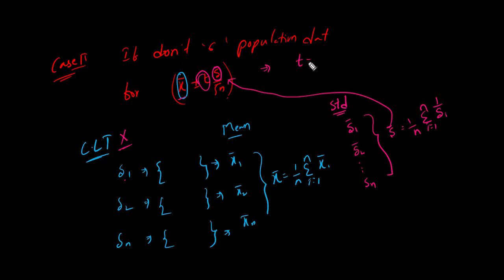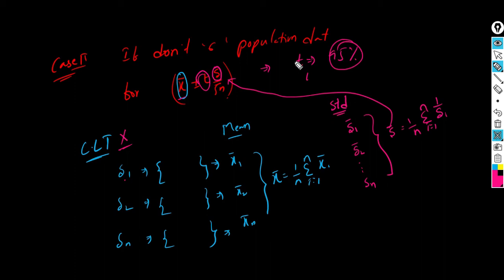Now the t value. The t value is based on the confidence, which confidence interval we want to find. If we want a 95% confidence interval, we will get one t value. The t value is going to change, and the n value is the number of subsets we are considering.